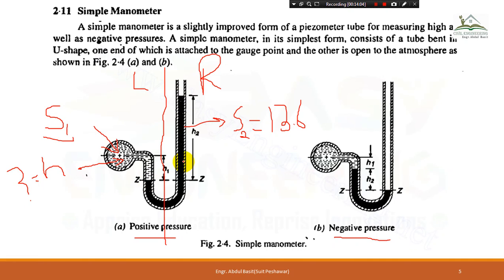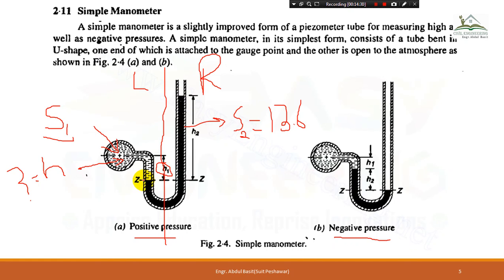And then, whenever the pressure is exerted by this fluid on this left limb, the level of the mercury will decrease. How much it is decreasing, and how much water or fluid is entering in this left limb, the height of that fluid is determined by H1.